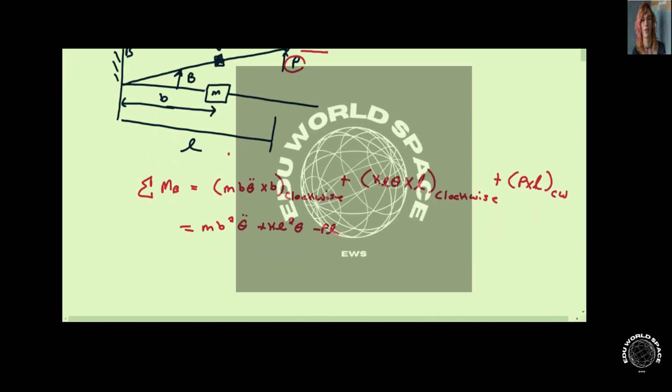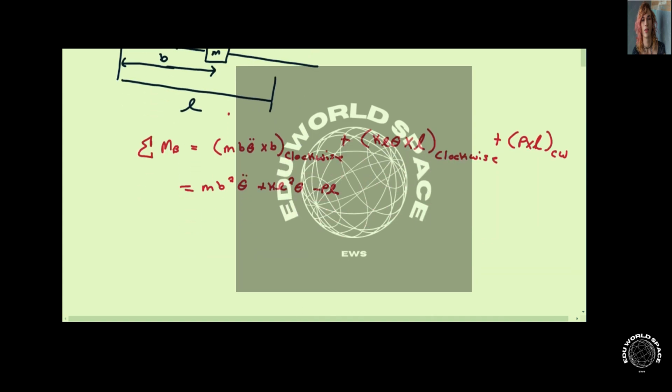So at equilibrium, the sum of the moment about B is 0. Thus the moment about B is going to be 0 when it's at equilibrium. Okay. So we're going to set this whole thing to 0.